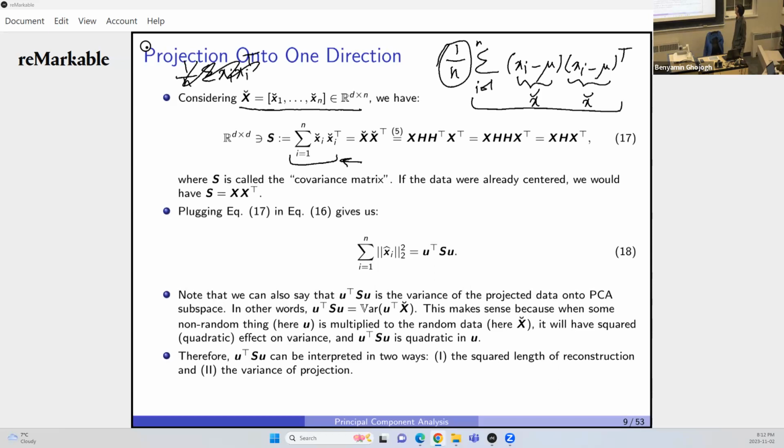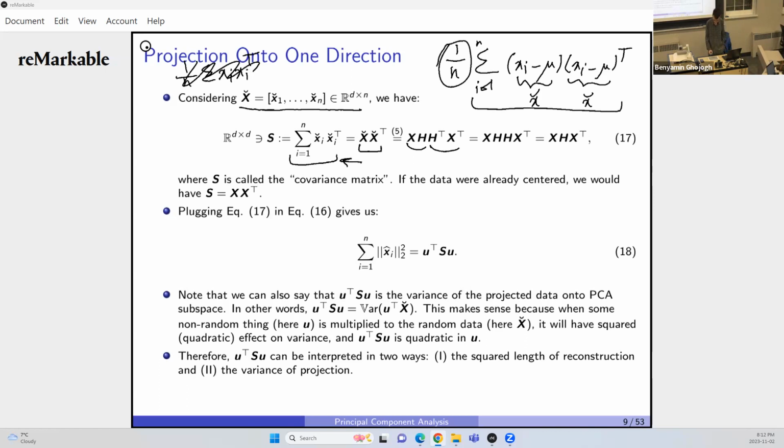Anyways, now this can be written in matrix form as X breve X breve transpose, right? What was X breve? It was XH. So XH transpose, but transpose reverses the order of matrix multiplication. It becomes H transpose X transpose. But recall preliminaries that the centering matrix H was symmetric.